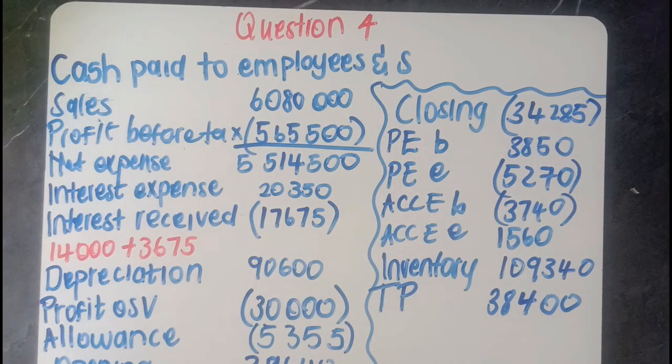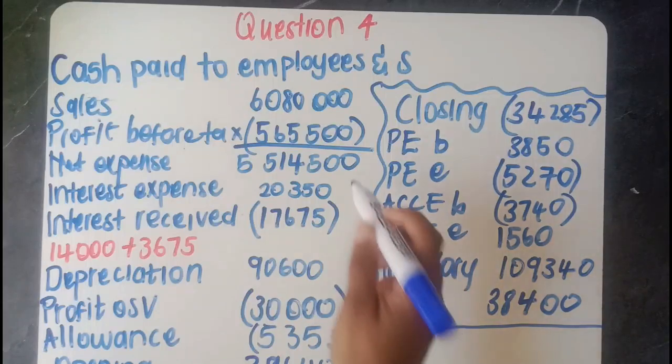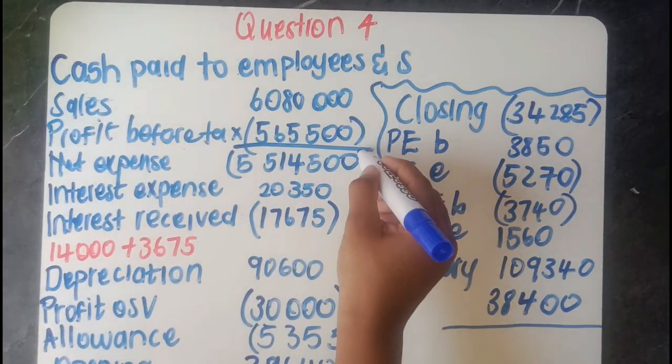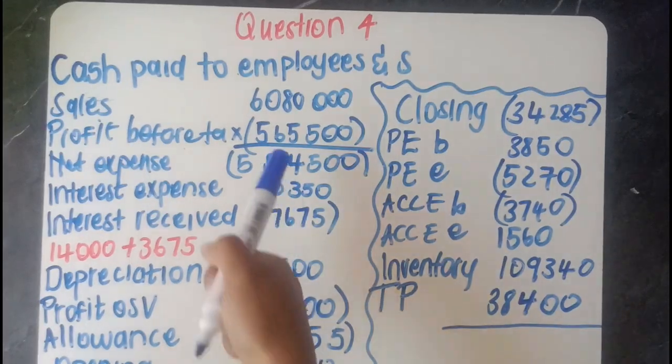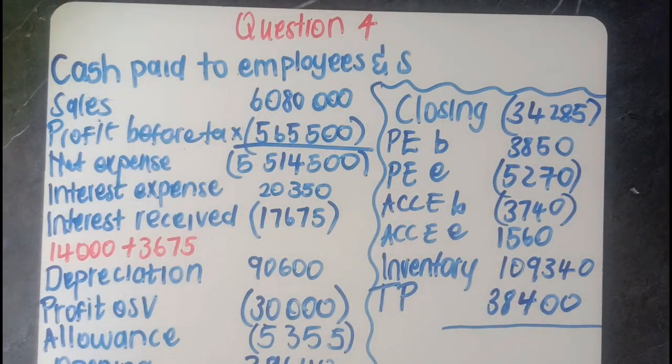So it's going to be positive because it's also an inflow. Now you're going to start from this point. Remember to put this into brackets, and then you add everything and subtract everything, and then you get your balance at the end. Let me calculate that off camera and get back.